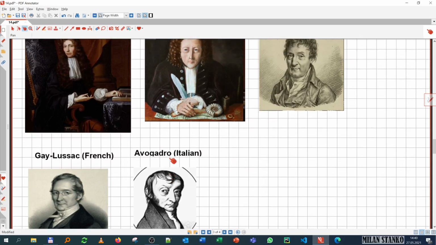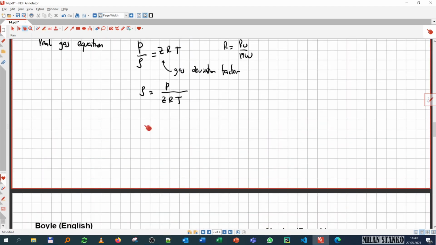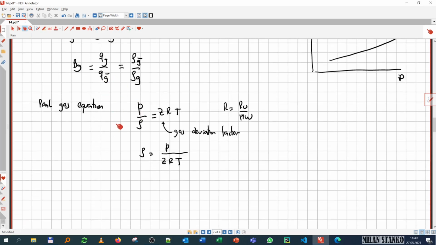You have Avogadro, who was Italian, and all of them contributed to the development, doing different things, comparing volume expansion with pressure and temperature changes. They came up with an equation like that, where this Z factor calculates the deviation from ideal gas.